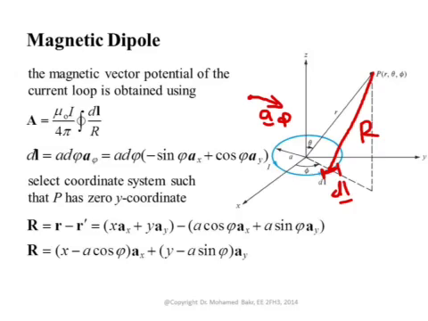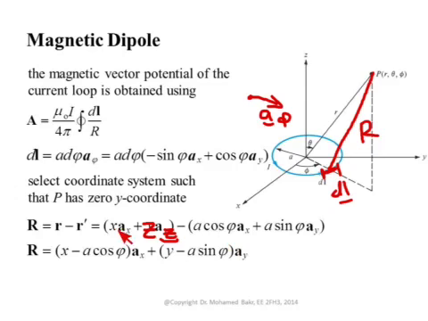Well, there seems to be a typo in this slide, because this point here is not correct, since we agreed that we rotated the axes such that the observation point is in the xz plane. So I will correct it as we go. This becomes z az. And of course, every point in the coil is in the xy plane.